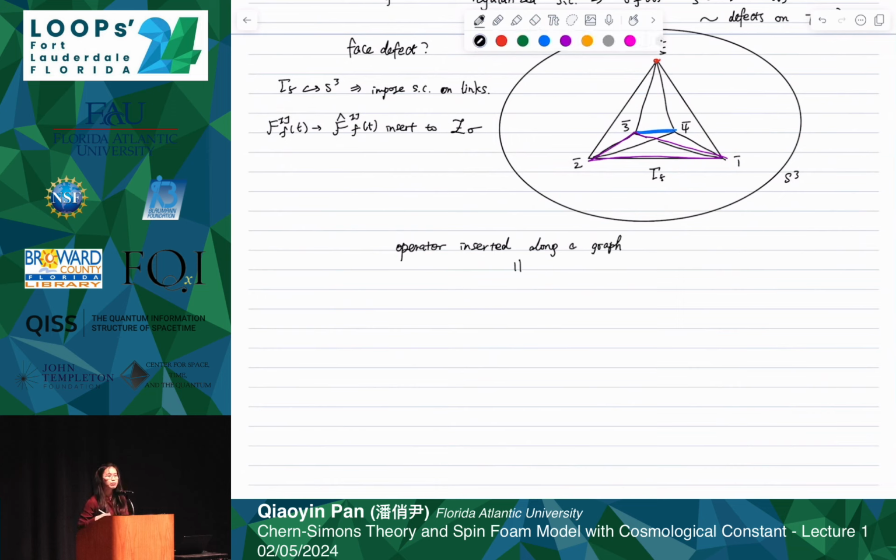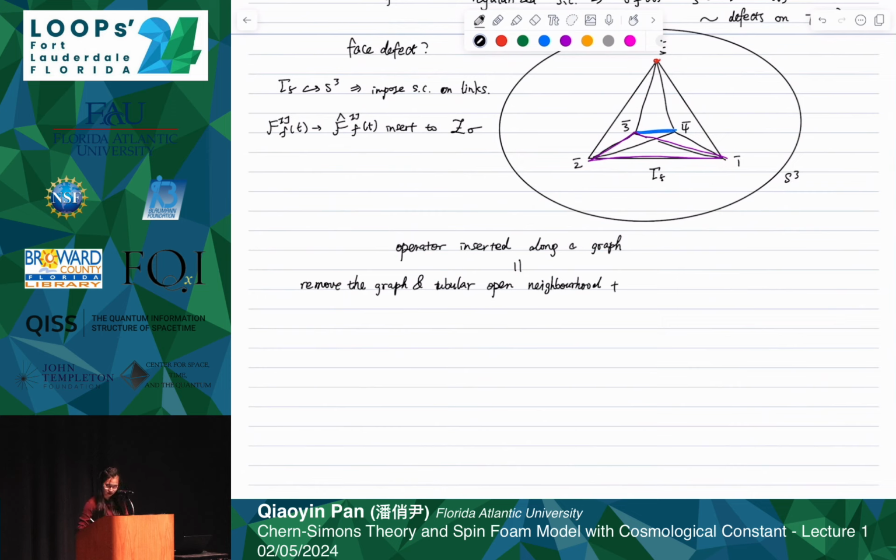But this can be replaced by another thing, which is first, we remove the graph, the tubular open neighborhood of the graph.